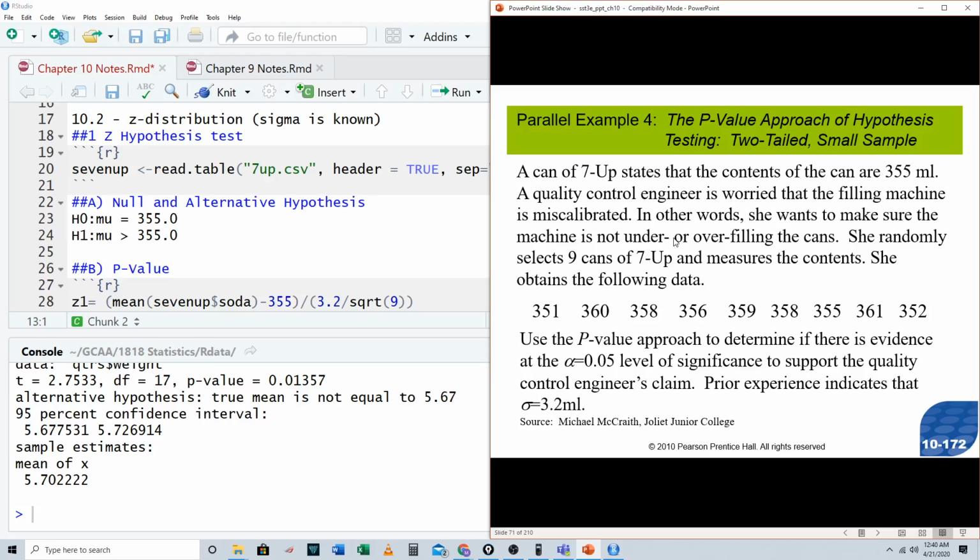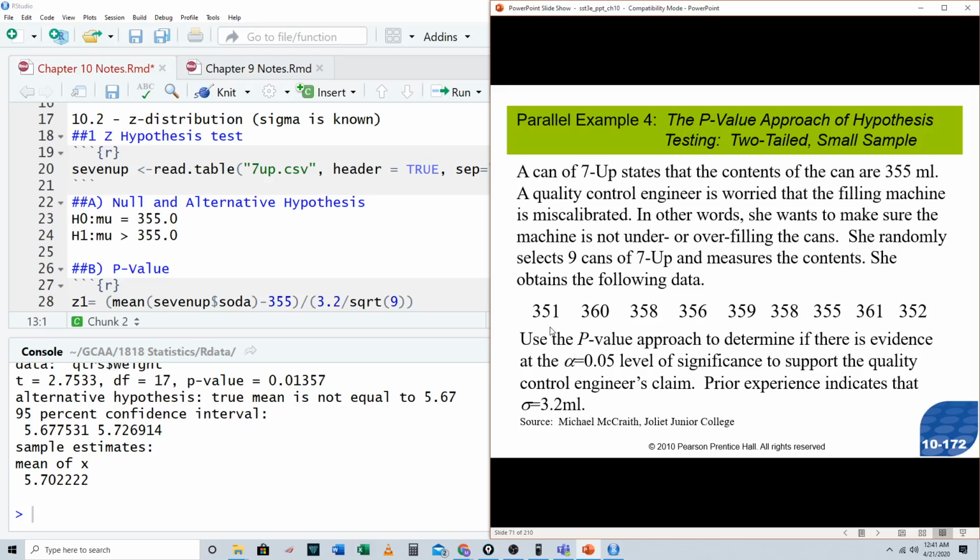The first thing you have to do is process the data. Pretty easy. Now here I actually did this two ways because I wanted to do both. All but 2 values are at 355 or under, the rest are over 355. I was assuming that it was overfilling.